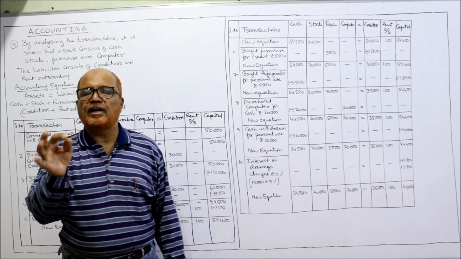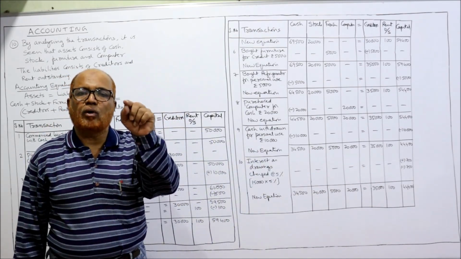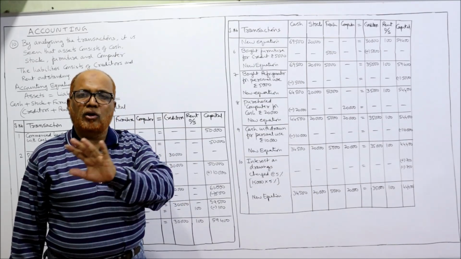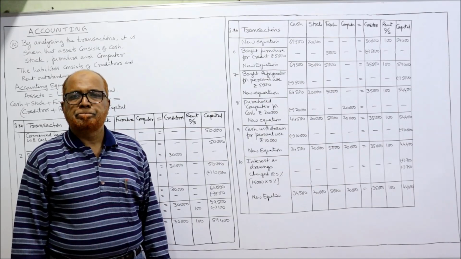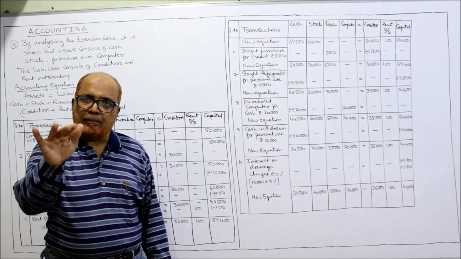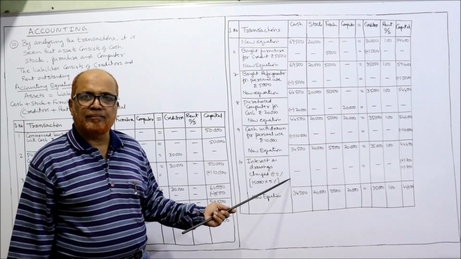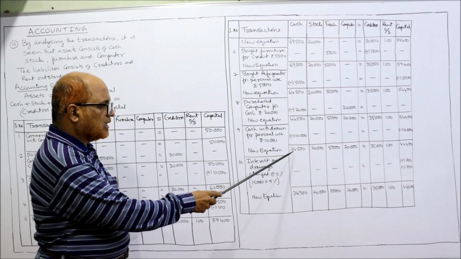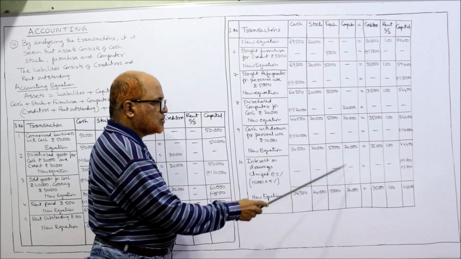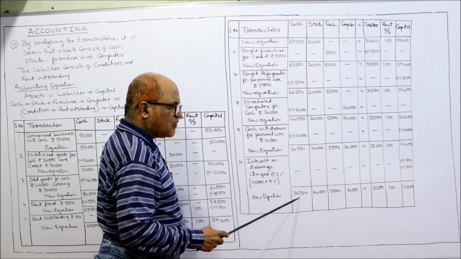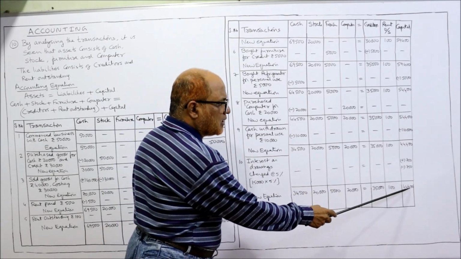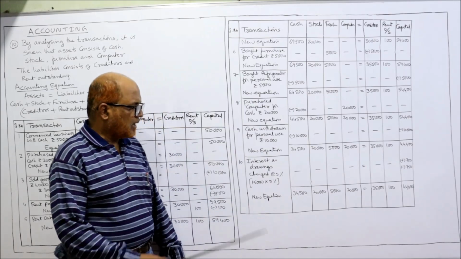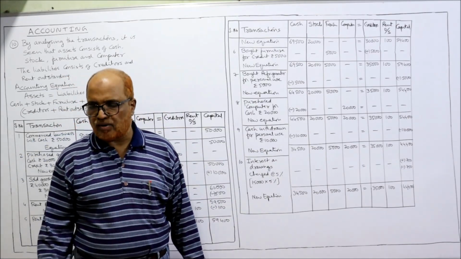So the effect of interest on drawings will be on capital only, not on assets and not on liability. The capital will increase and capital will decrease by 750. Right? Now find out the total: 34,500, 20,000, 5,000, 20,000. If you add up these four, it must be equal to 35,000 plus 100 plus 44,400. That's all. Accounting equation satisfied.